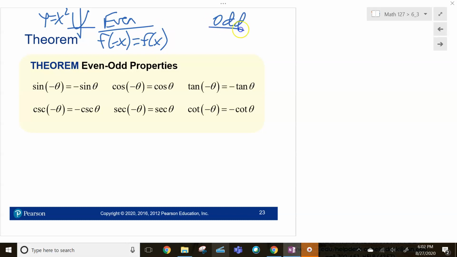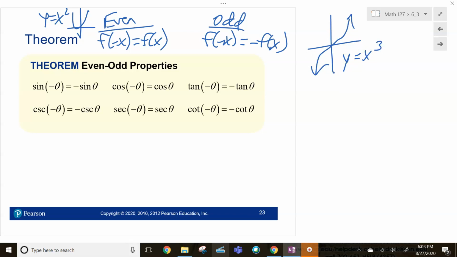Whereas an odd function satisfies this property. Most people think of a very poorly drawn y equals x cubed, right? So for the odd ones, like sine of negative pi over 6.